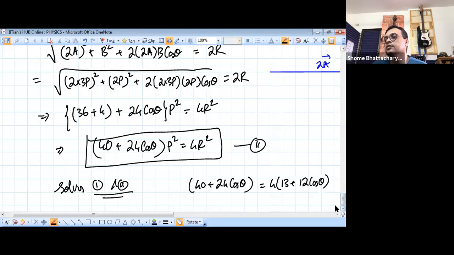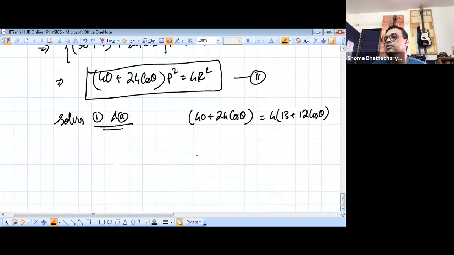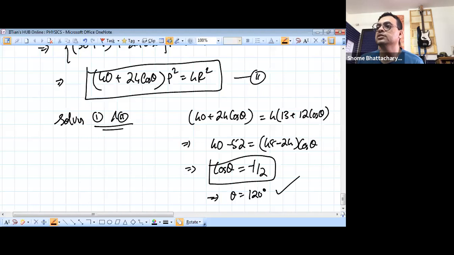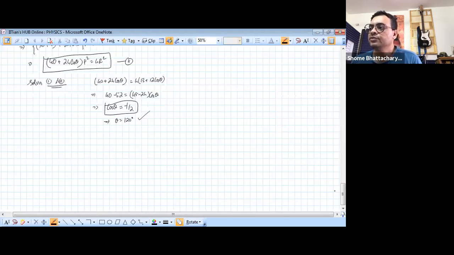So from that, you will get 40 minus 52 is 48 minus 24 cos theta. So you get cos theta as minus half, which means that theta is equal to 120 degrees. So that should be our answer. So this was also one of the important questions of exercise 1.